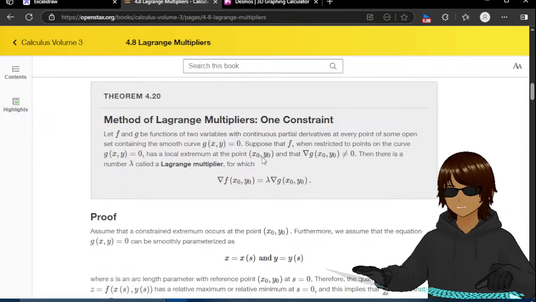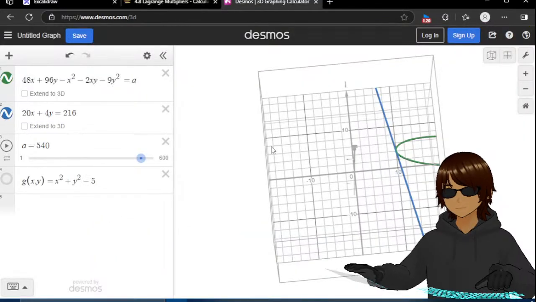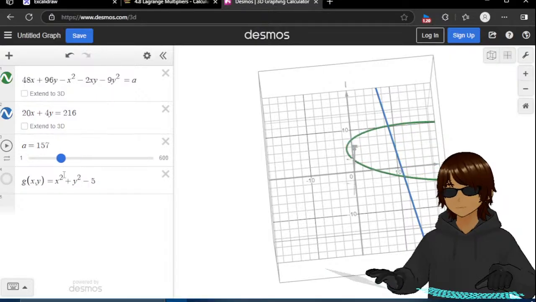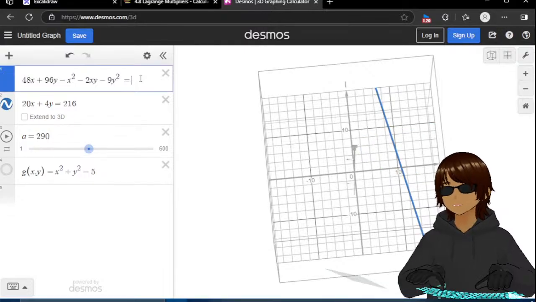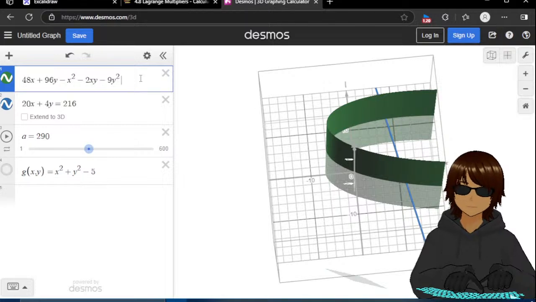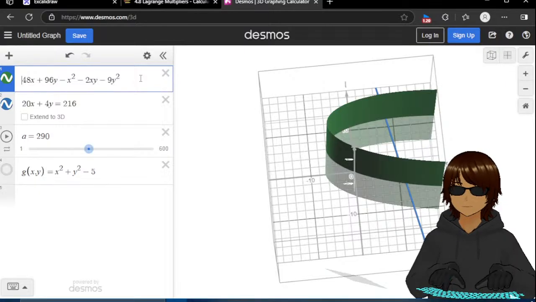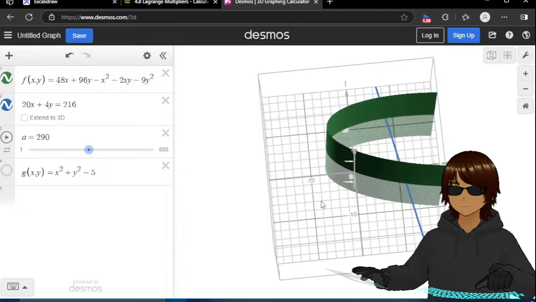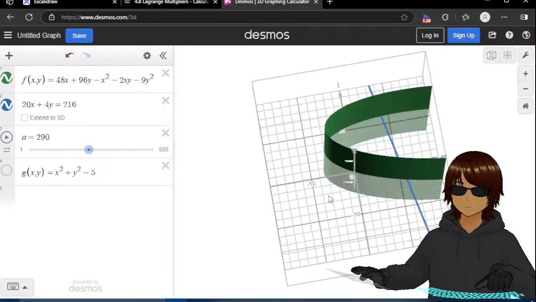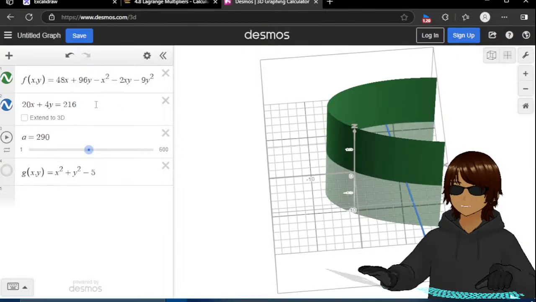Has a local extremum at point x naught, y naught. But if z was different, wait, this is not 3D.